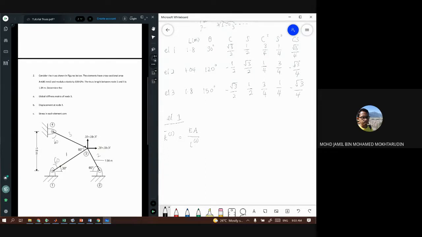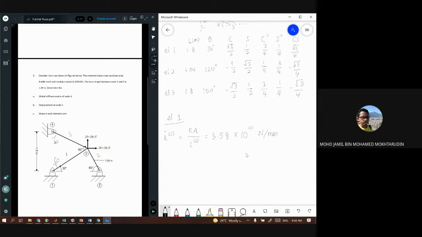So the length becomes 1,800. Okay. So you get 3.58 times 10 power of 10. Okay, unit dia Newton over millimeter. But I think if you don't put unit, it's still acceptable.